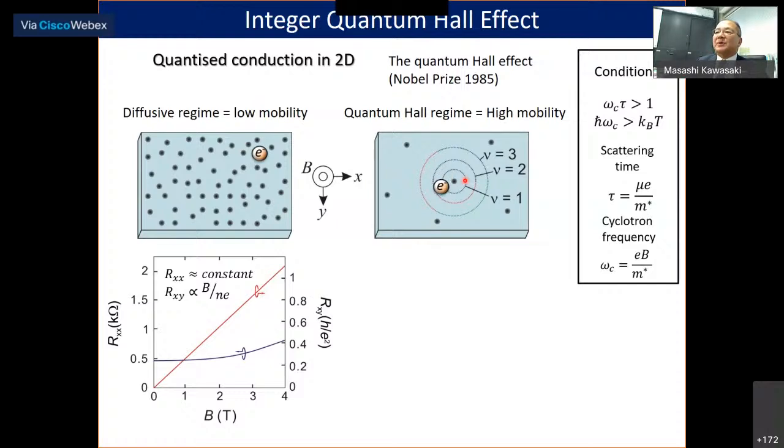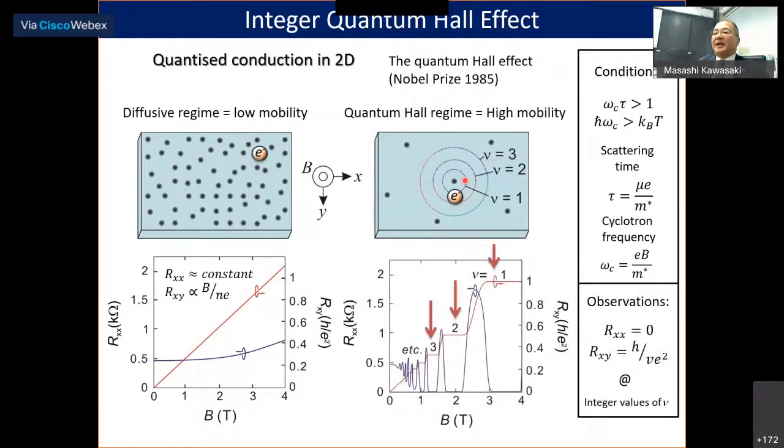Nu equal 3 corresponds to 3 waves along this circular motion. And if you plot the Hall resistance as a function of magnetic field, instead of having a straight line, you have a staircase. And each step has a certain number of the quantum resistance, and this has been used as the standard for resistance for years.